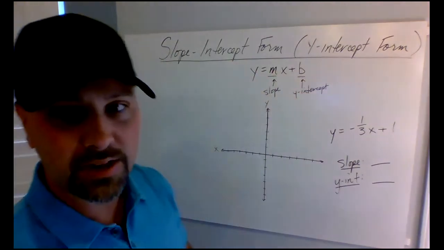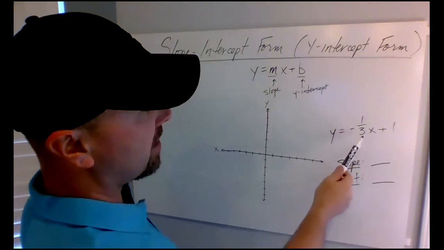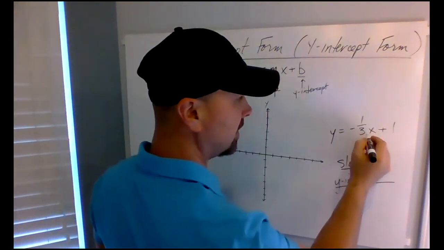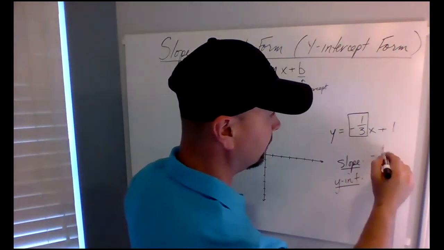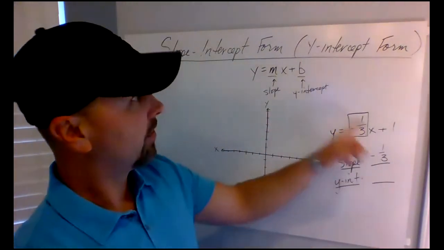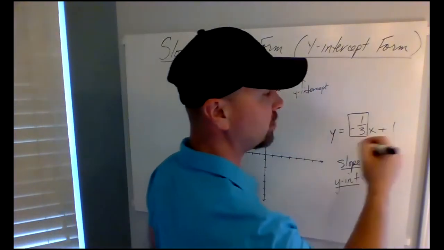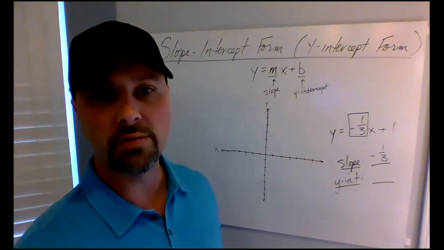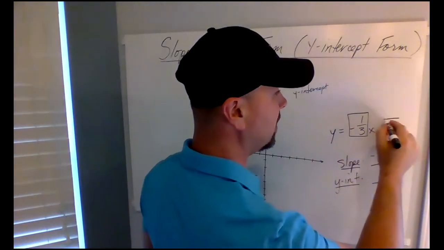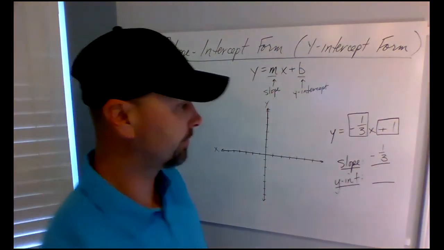And then I need to identify the parts. So the slope, the m, is attached to the x, which in this case is negative 1/3. The plus b, the b is the y-intercept. It's really where we're going to begin when we graph, okay? So the y-intercept is a positive 1.